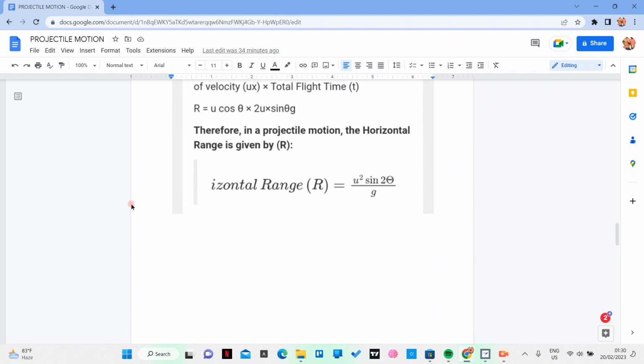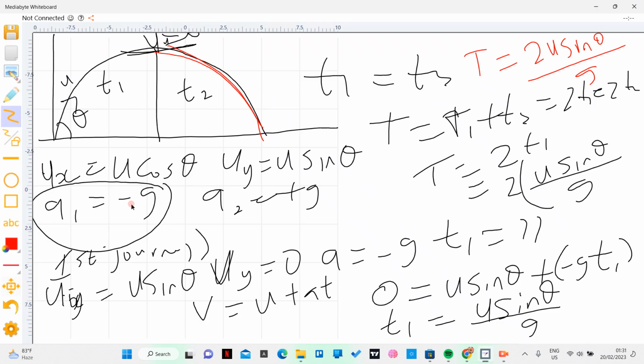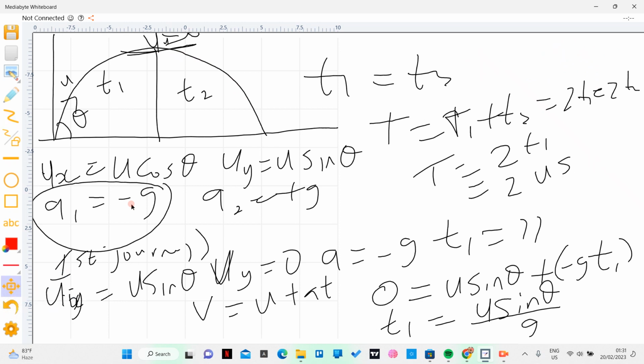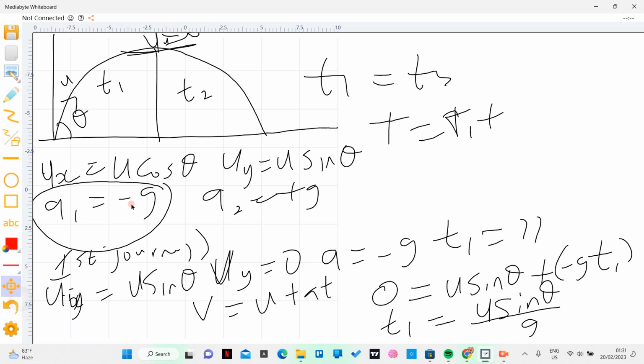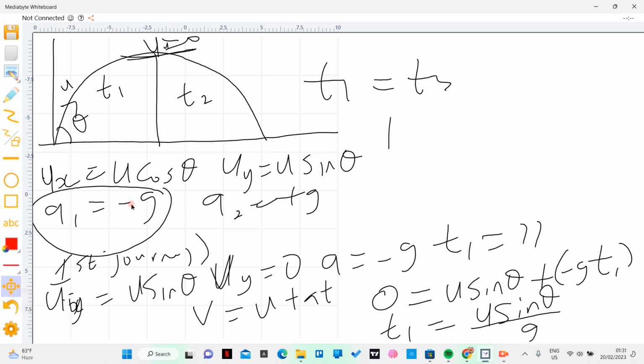Now for the horizontal range, there are a few things that I will highlight.